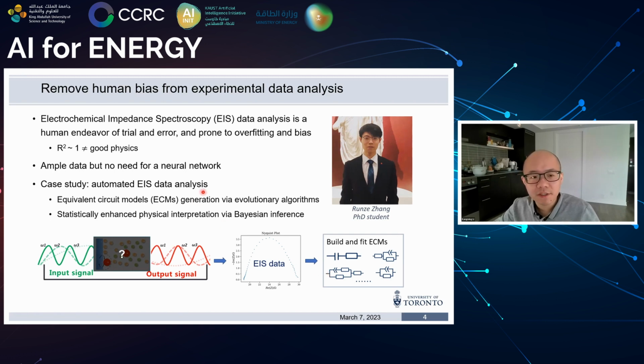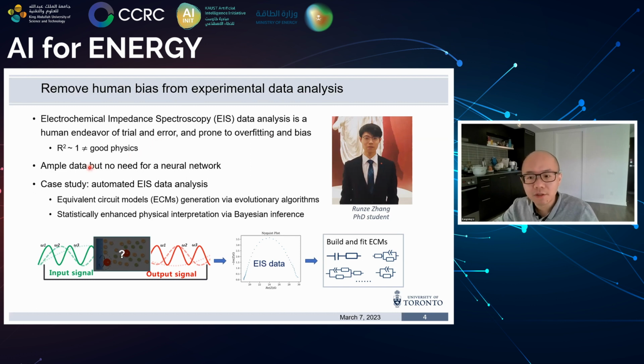However, building such an ECM model is very challenging because it often requires expert-level knowledge and can be time-consuming and also subject to overfitting and human bias. In fact, there are an infinite number of possible ECMs that can fit the experimental data very well, but are not necessarily physical.